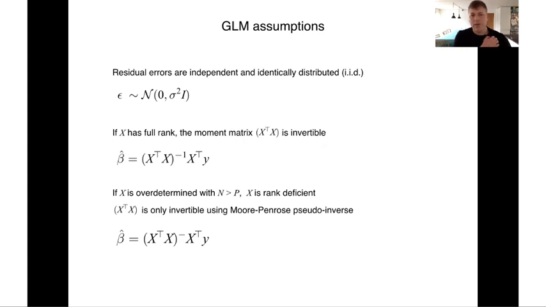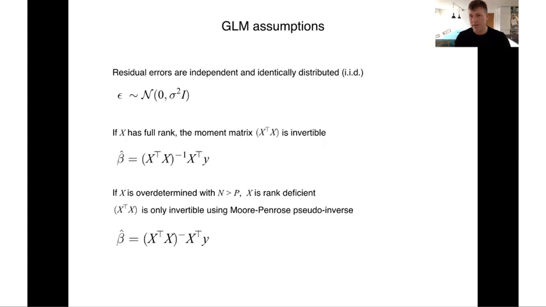And this is embodied here in terms of the identity matrix scaled by the variance. And then usually X does not have full rank, which means that X is usually overdetermined.